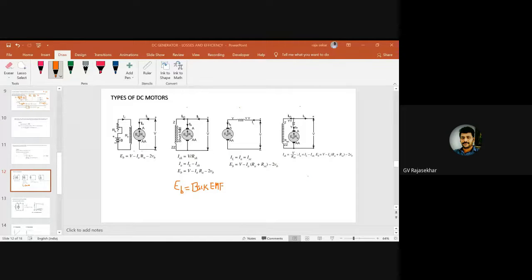Just let me know when you have completed drawing these 4 diagrams.